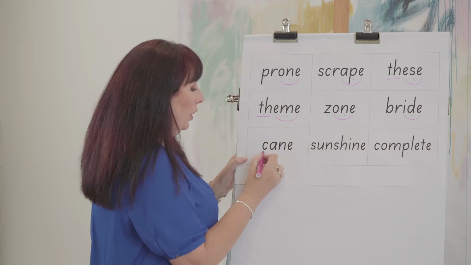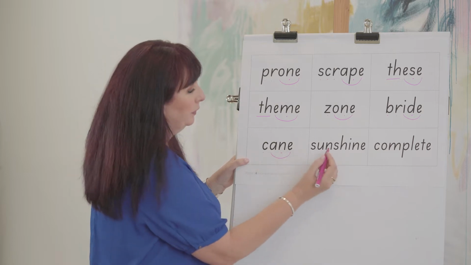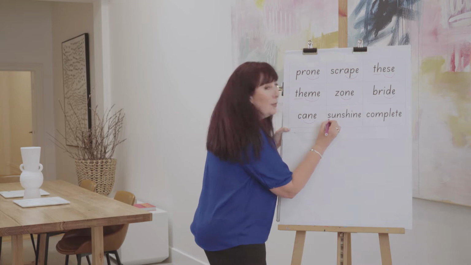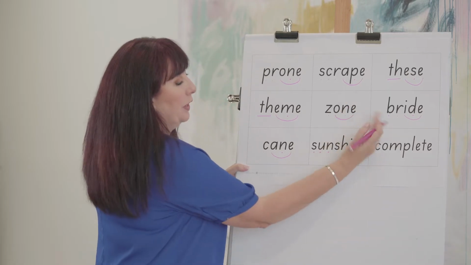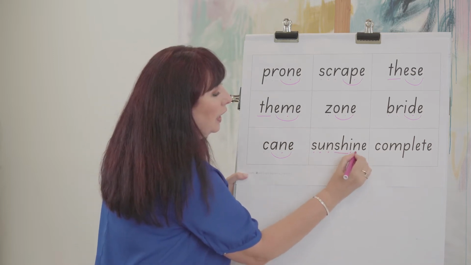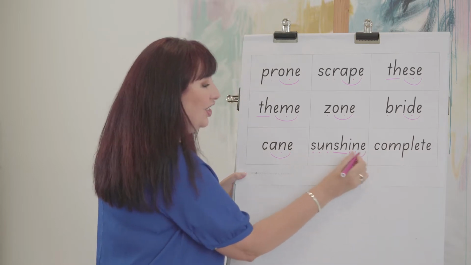Last row. Cane. Oh, check that out. It's a long one. It's a compound word. That's a word all by itself, isn't it? Sun. Sunshine.